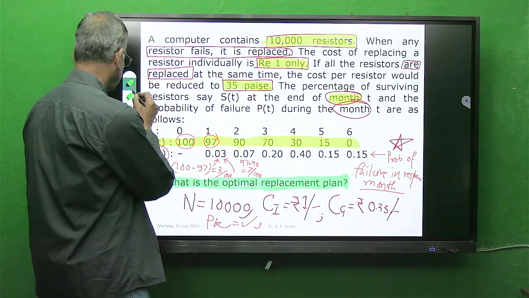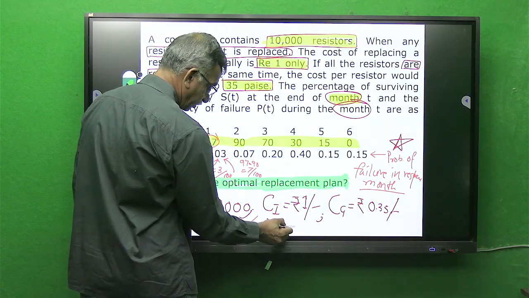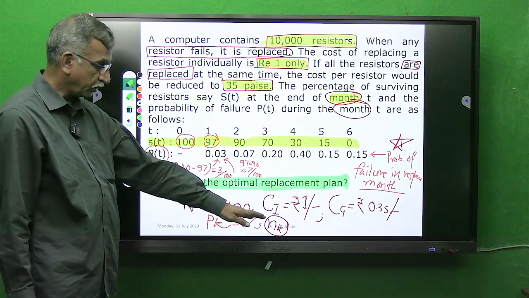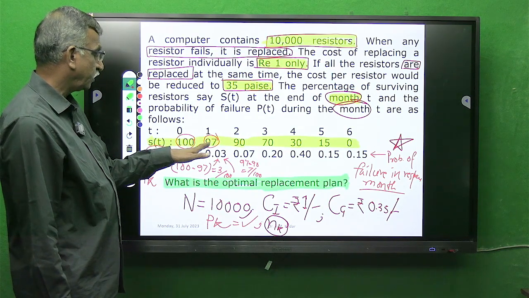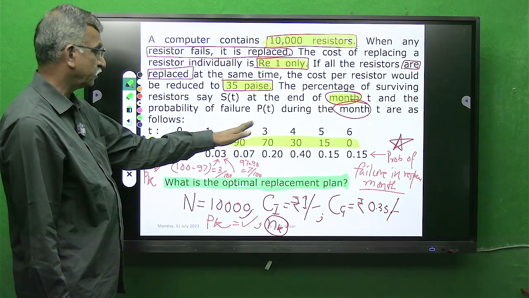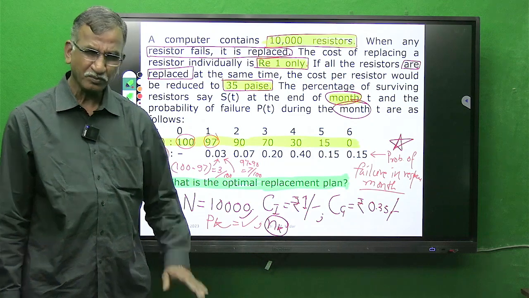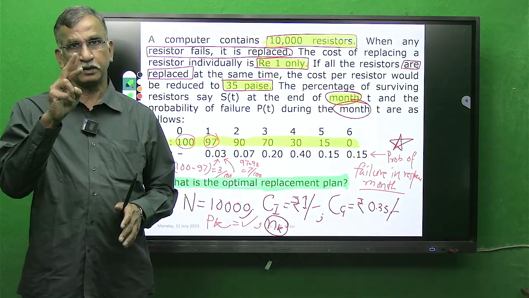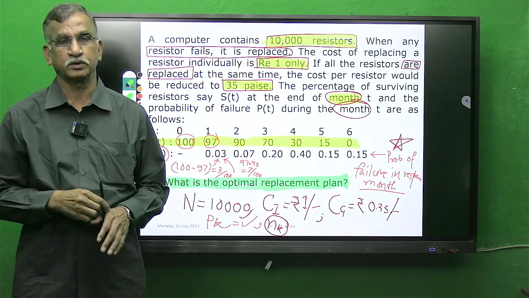Now what is important and needed is the calculation of Nk, the number of failures at the end of the first month, second month, third month, fourth month, fifth and sixth. The logic is simple. We know N0, the total N, will be equal to 10,000.